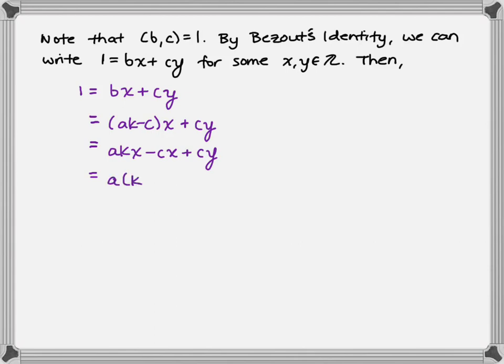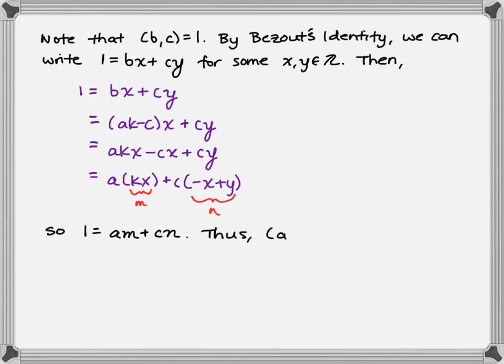So I'm going to write it like this: A times KX plus C times negative X plus Y. So if I let KX be M and negative X plus Y be N, I've shown that 1 is a linear combination of A and C. This implies that A and C are relatively prime.